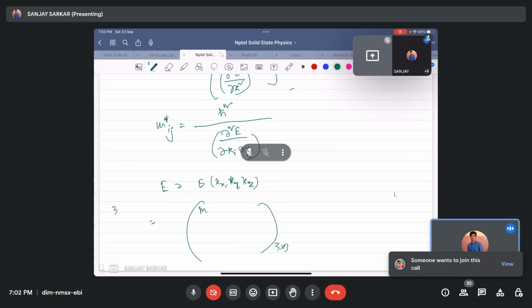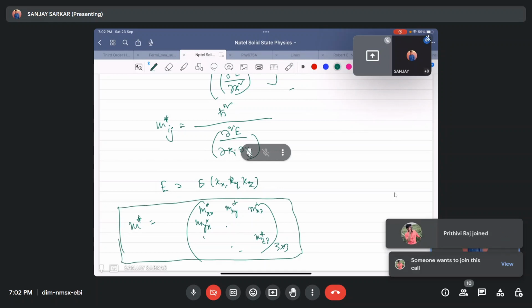This will be mxx star, this is mxy star, this is mxz star, then this is myx star, and so on. This will be mzz star. So there will be 9 elements of this matrix. Let me write it as m star. So this matrix is the effective mass tensor matrix.